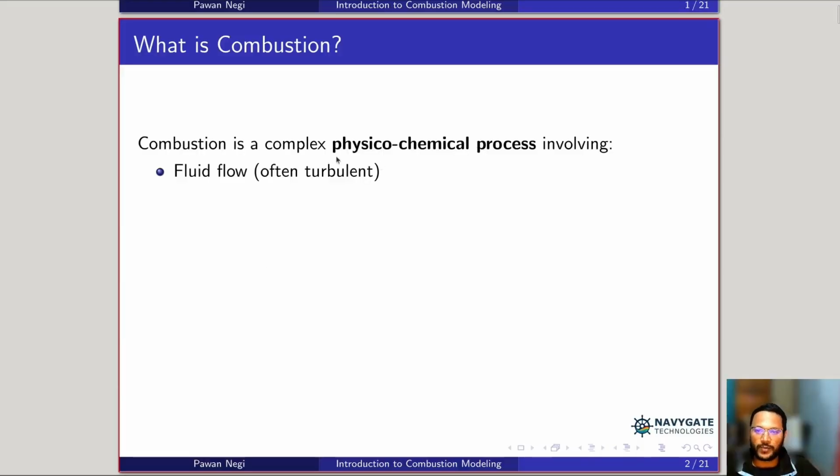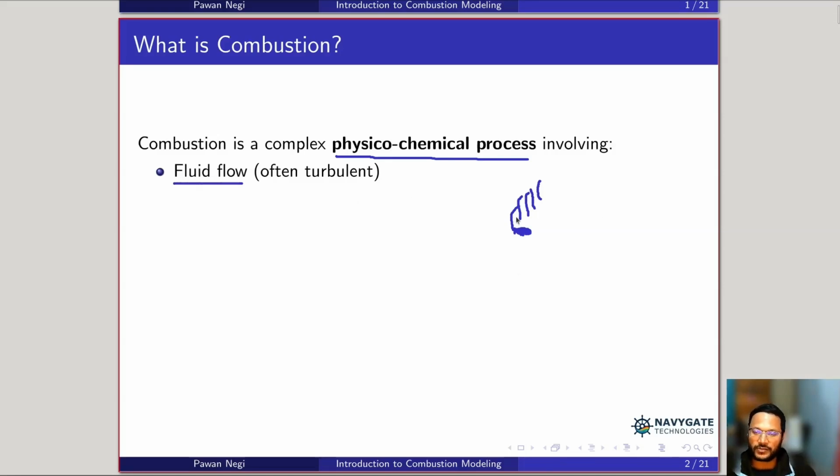Combustion is a complex physiochemical process. It involves fluid flow. If something is burning, there is some substance, some gaseous mixture which is burning. This will give rise to some kind of a flow. You will have fluid flow, and this particular fluid flow will often involve turbulence.